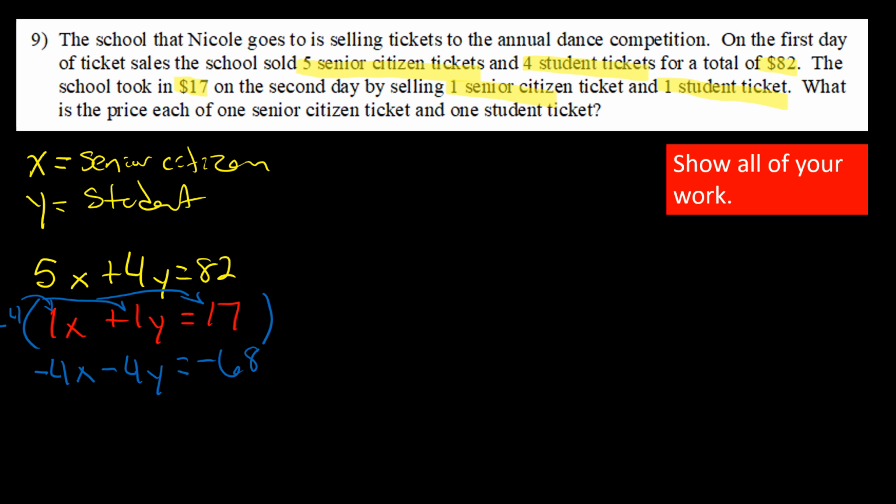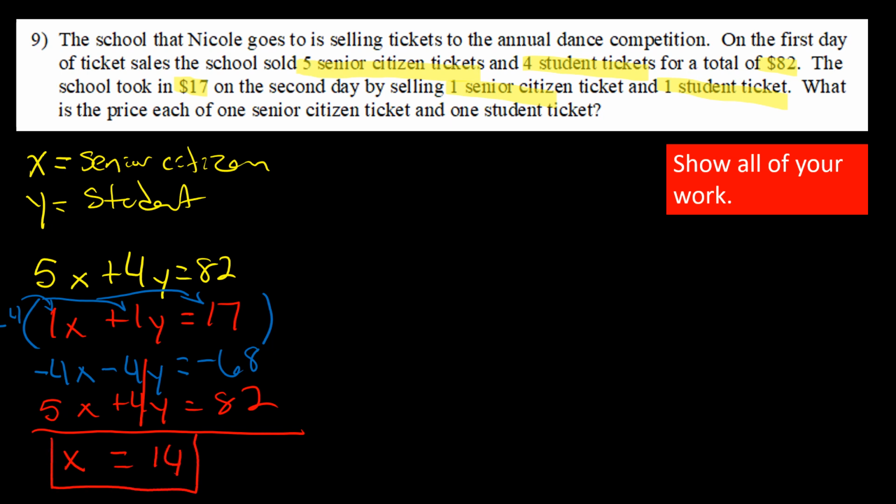And we're going to combine that with that 5x plus 4y equals 82. Okay. And so when we add these up, -4x plus 5x is just 1x. -4y plus 4y simplifies out, and this is going to equal 14.